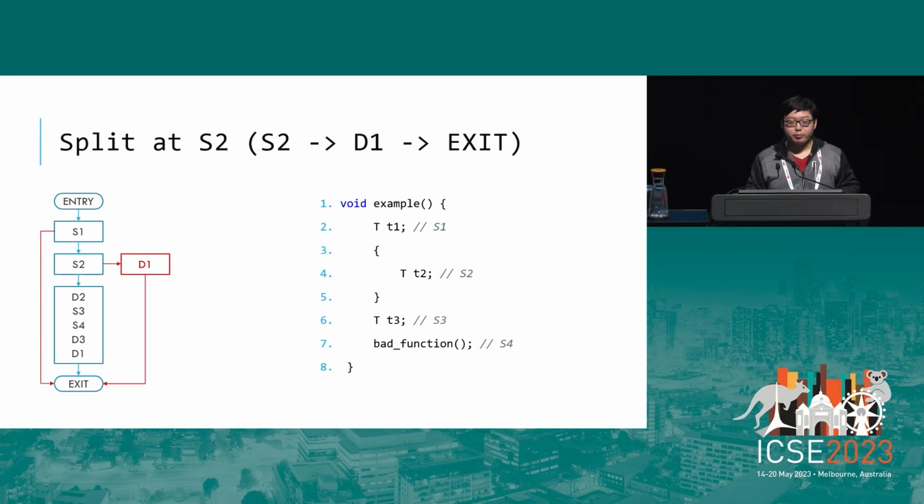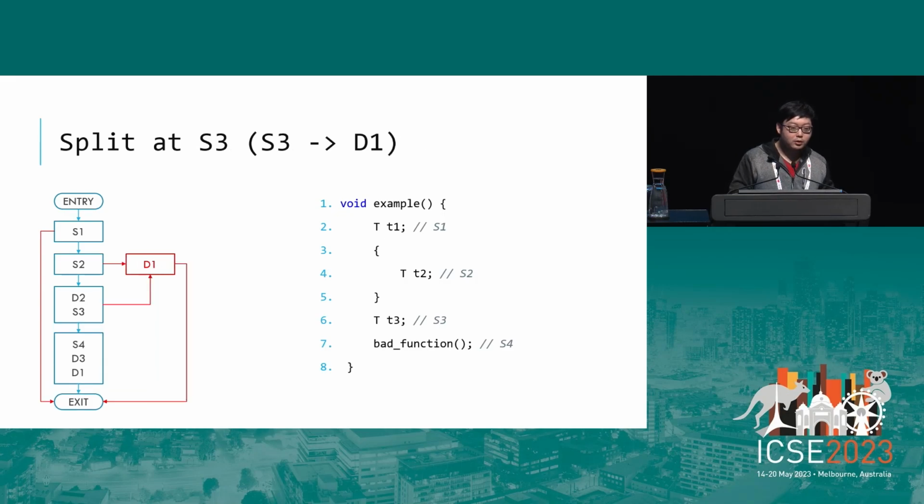We then split at S2, and again we build the exception control flow, which is from S2 to D1 and from D1 to the exit block. Next, we split at S3 and build the control flow from S3 to D1.